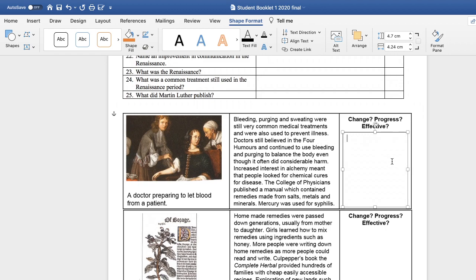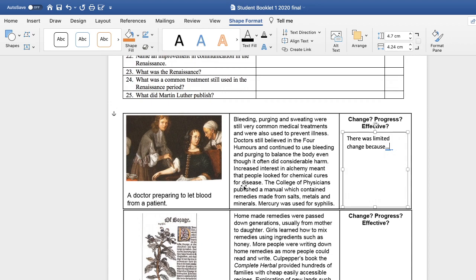They still did similar treatments of doing bleeding, purging, and sweating, which again you should have been able to see from the King Charles activity. However, so that first half, you may write something like there was limited change because, and then explain why you think so, and then pick out some examples.